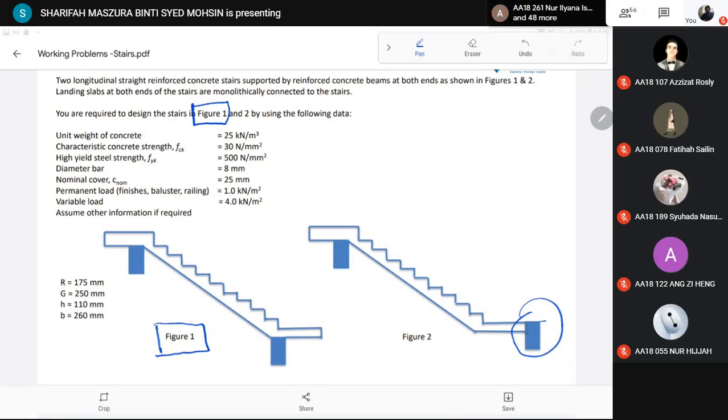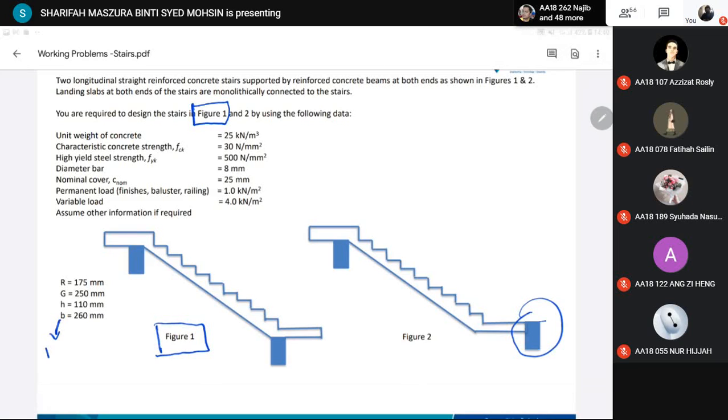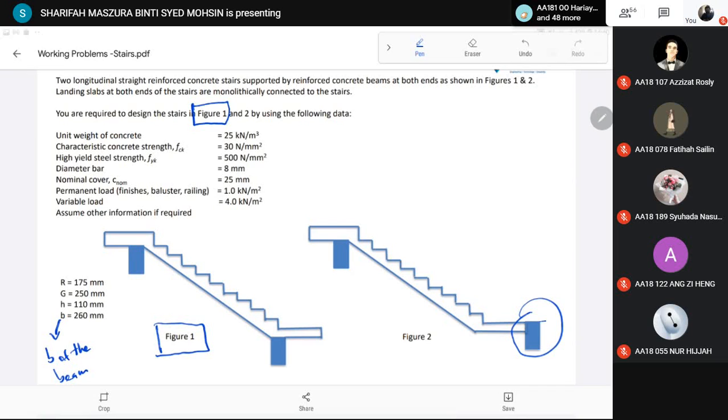B is the width of the beam, which is 260 mm. Based on the information given, we will have to design our staircase.